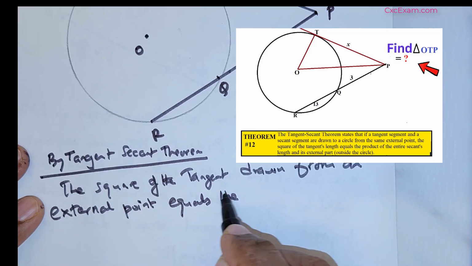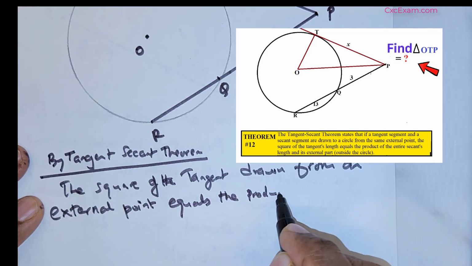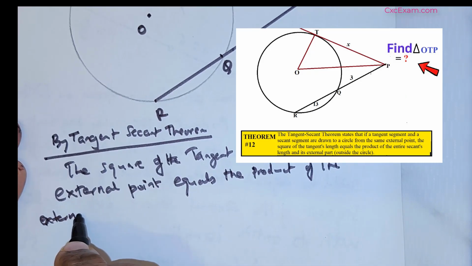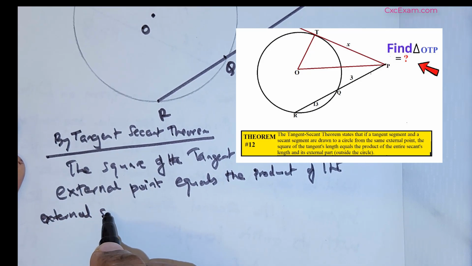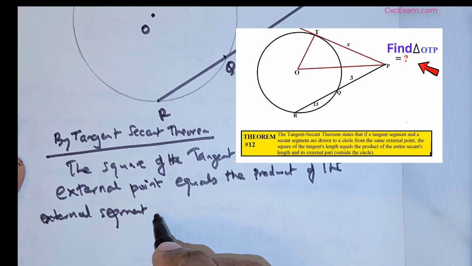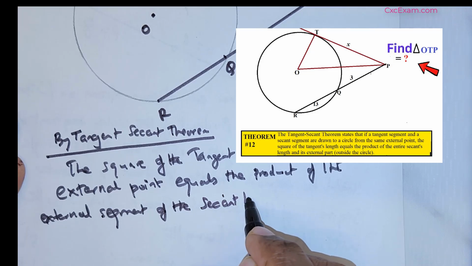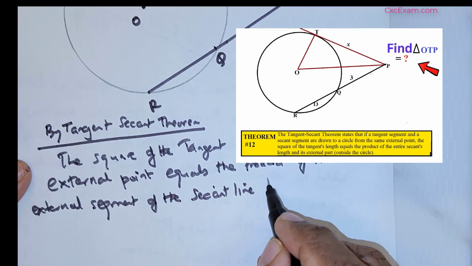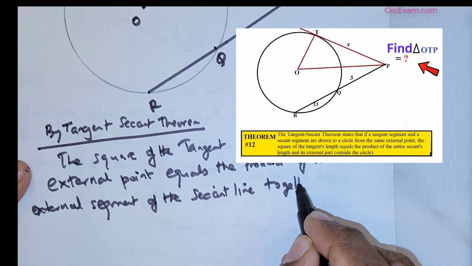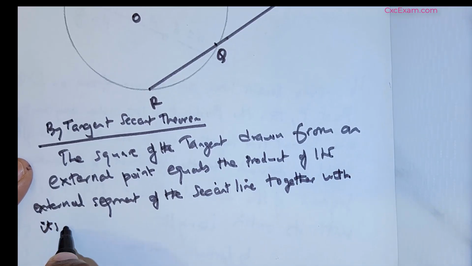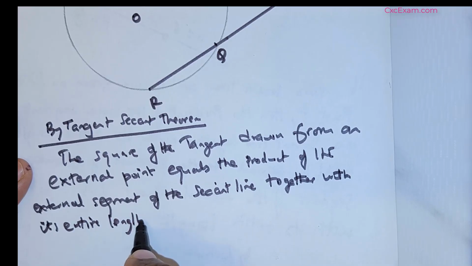equals the product of the external segment of the secant line together with its entire length.